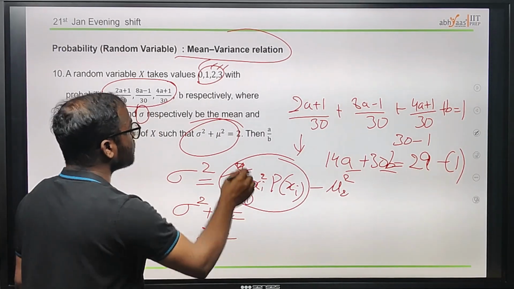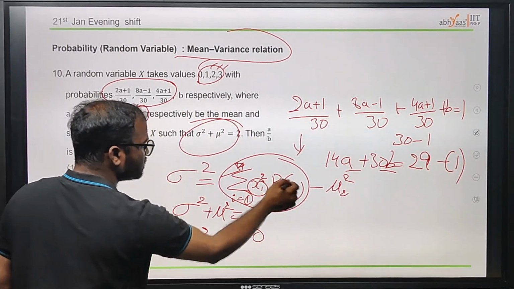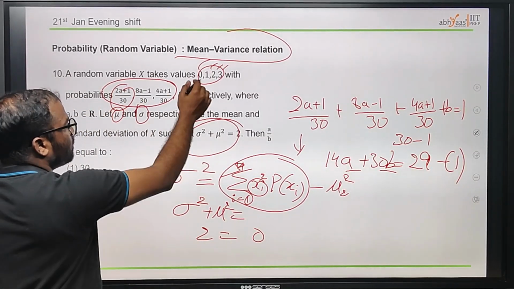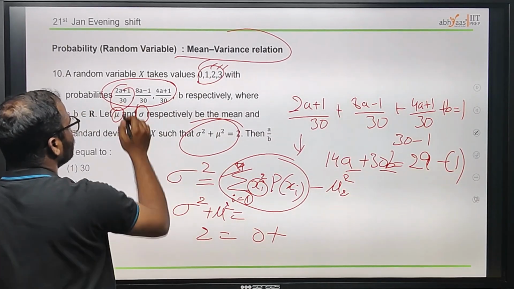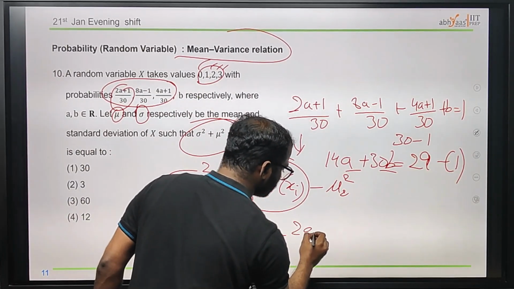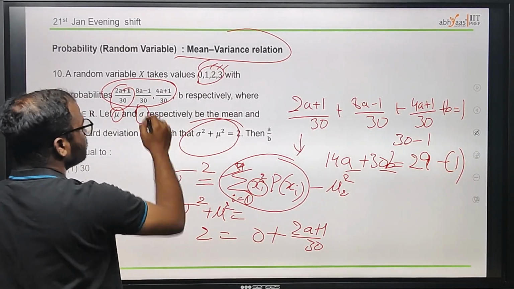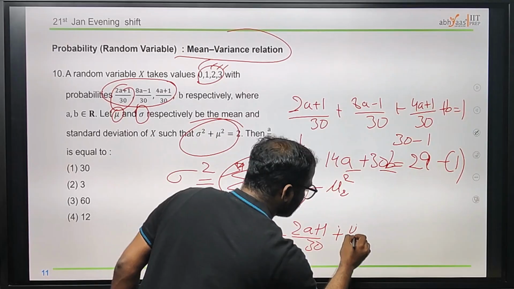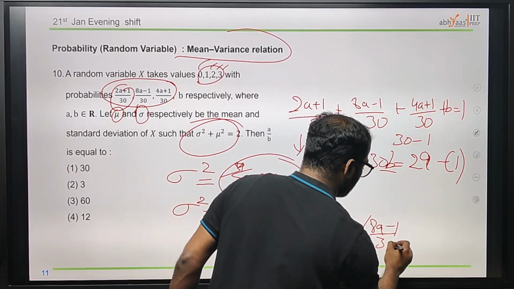We need to find the sum of xi square times the probabilities. That is 0 into probability of 0, which gives 0, plus 1 into 2a plus 1 by 30, and next 2 into this one, and 2 square actually, therefore 4 into 8a minus 1 by 30.